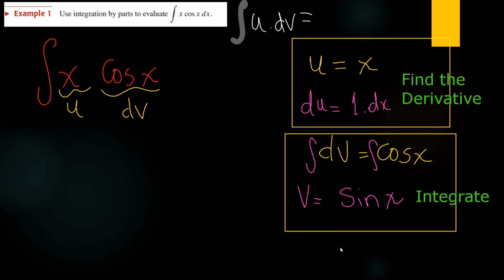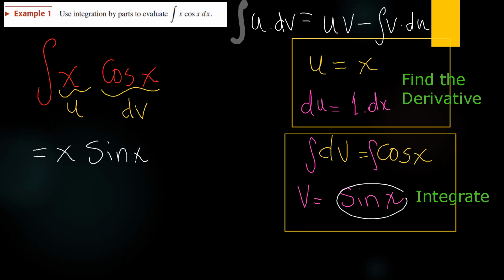It will be u times v minus the integration of v times du. So now let's write that. Where is u here? U is x. So the answer will be x times v. Where is v? It is sine x.